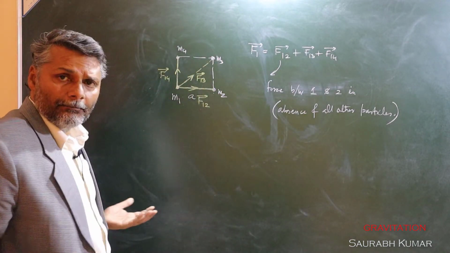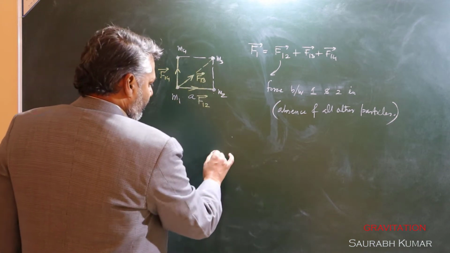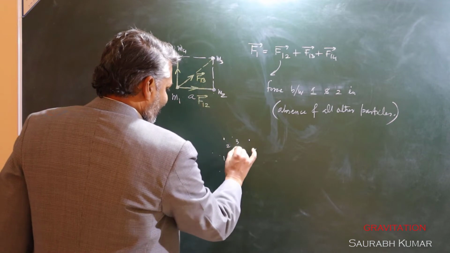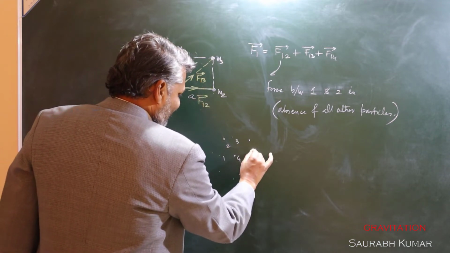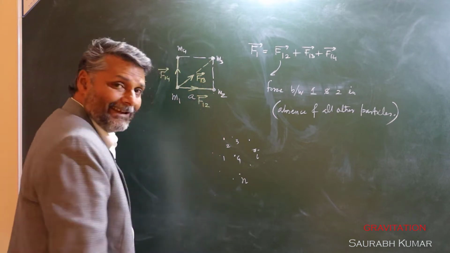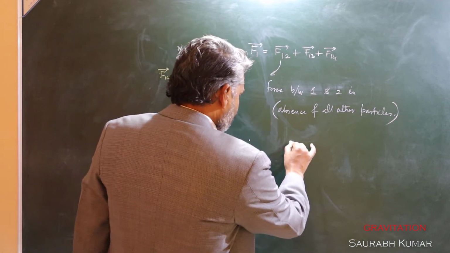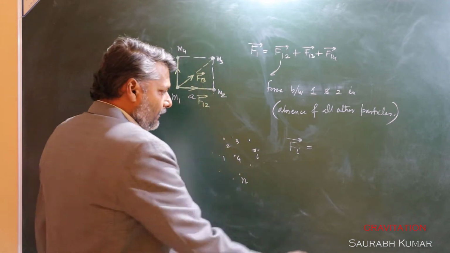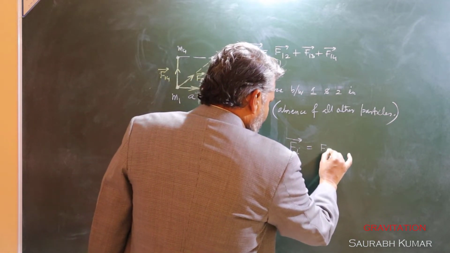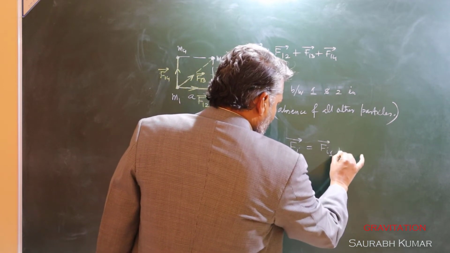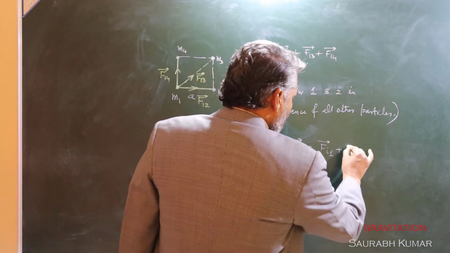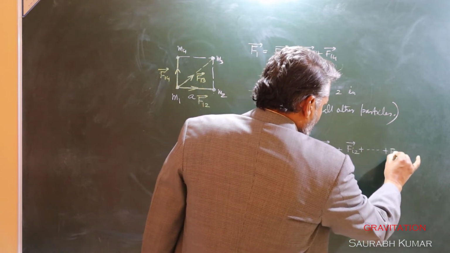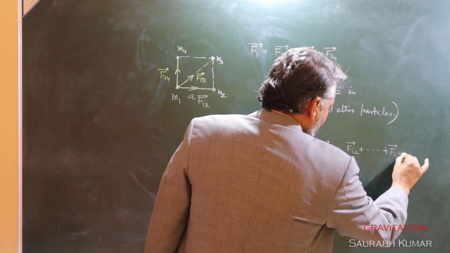So if you have n number of particles, 1, 2, 3, 4, this is the ith particle, and the total number of particles is n. How will you write the general expression? Net force on the ith particle will be how much? Force on the ith particle due to the first particle, plus force on the ith particle due to the second particle, up to force on the ith particle due to the nth particle.